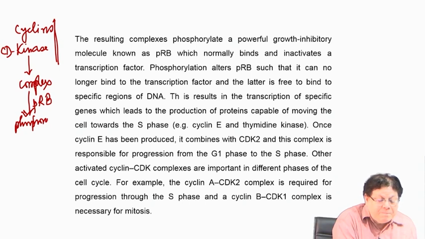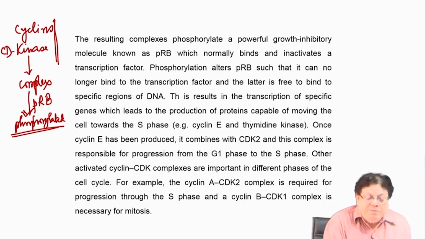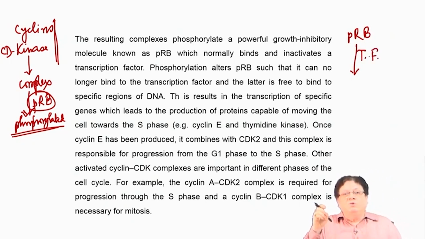Now when it is phosphorylated, the PRB protein, its function is that it binds to what is called a transcription factor. Transcription factors are the ones which activate the genes basically. There are promoter regions, so it activates the genes.